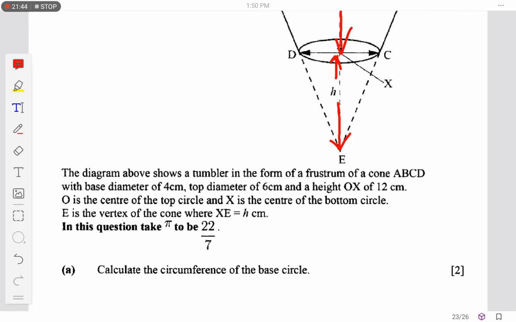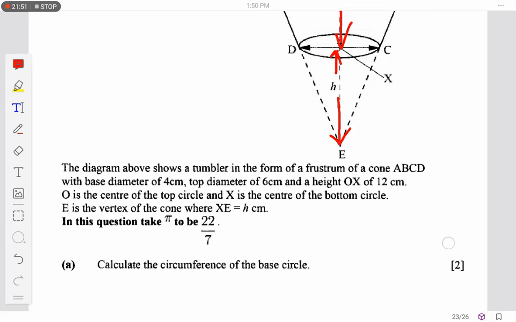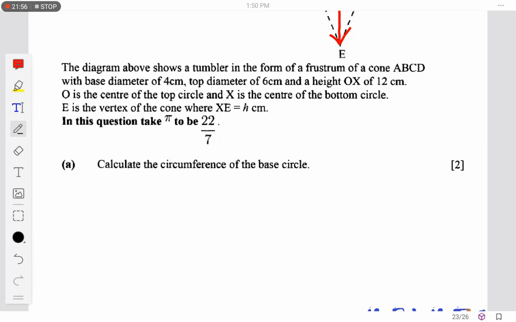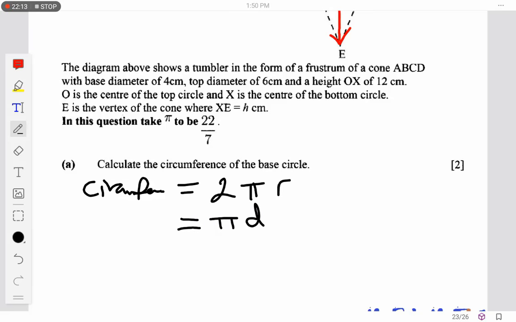First question is saying calculate the circumference of the base circle. Circumference is given by the formula: circumference is equal to 2 pi r. Since 2 and r give you d, you can say it's pi d. Our pi is 22 over 7.